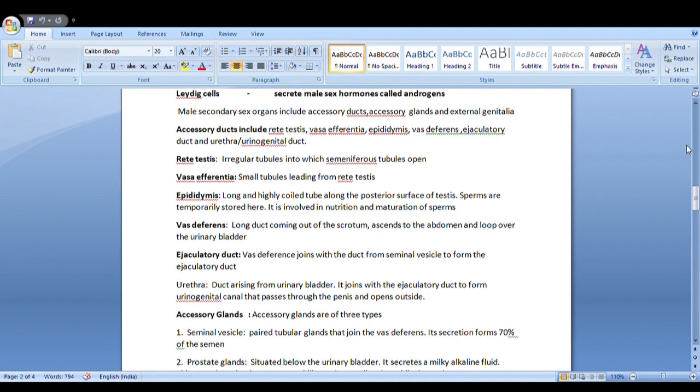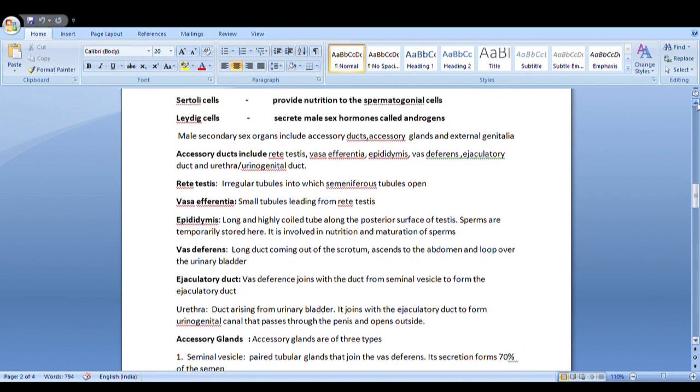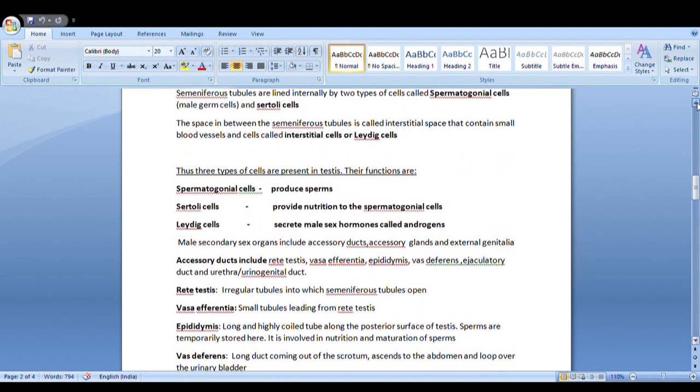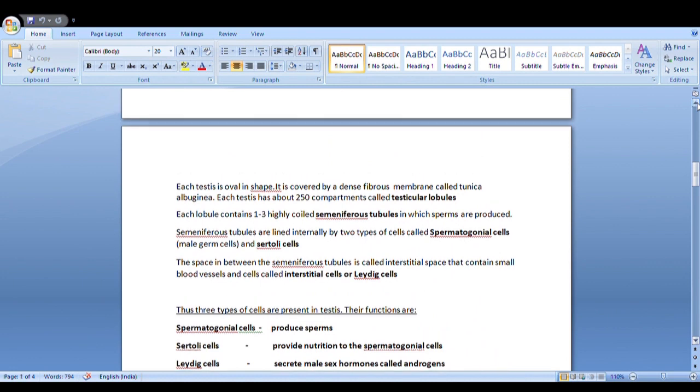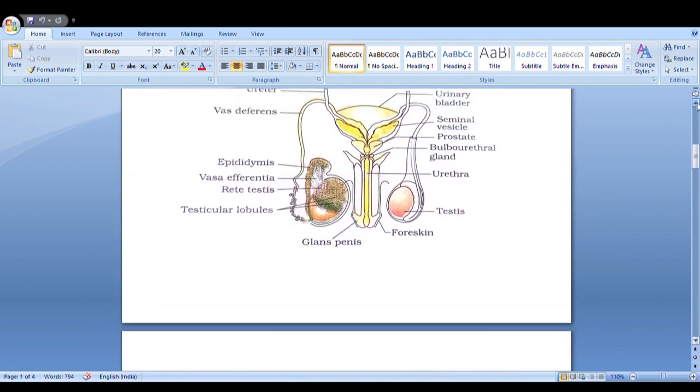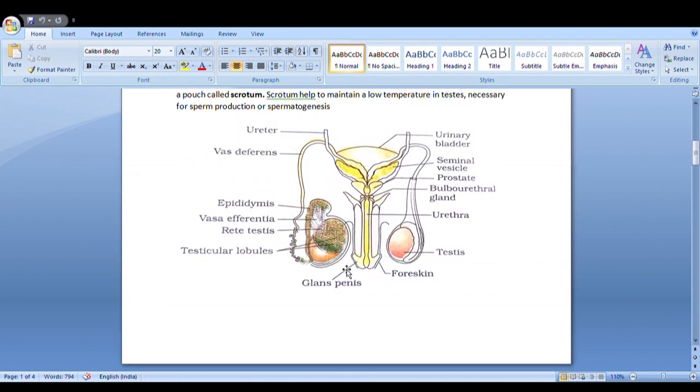We can go back and see these tubes. See, seminiferous tubules are inside the testis. Posterior to the seminiferous tubules, certain irregular tubules can be seen. They are the rete testis, it is marked there.